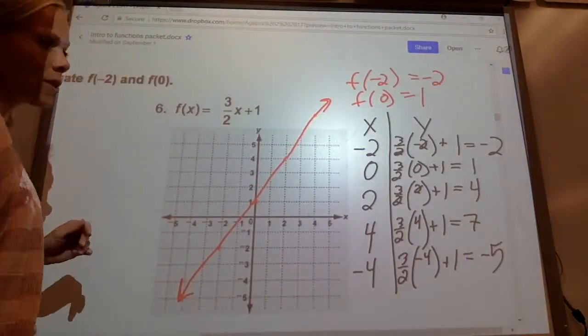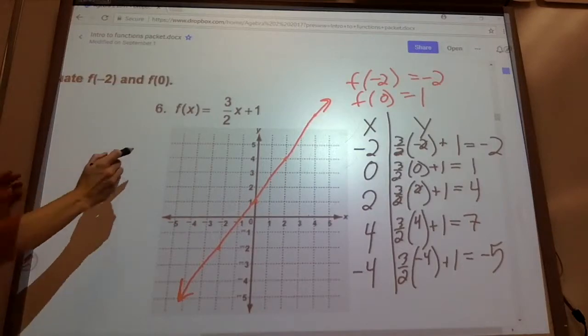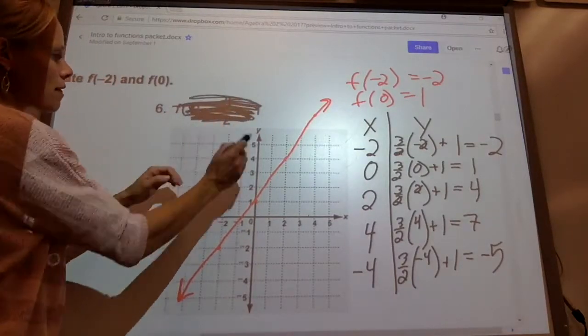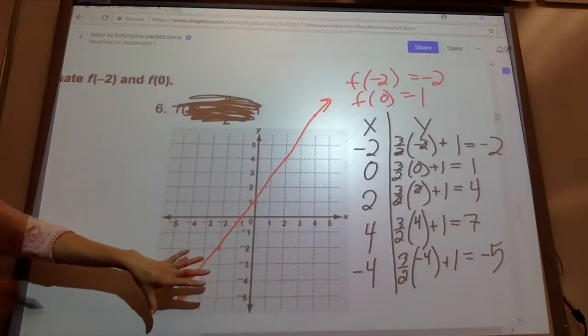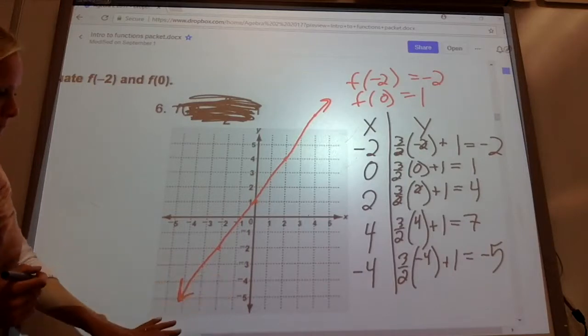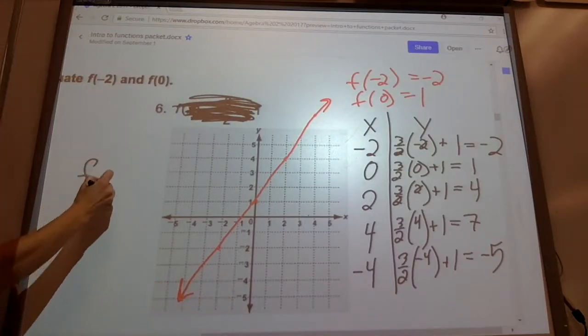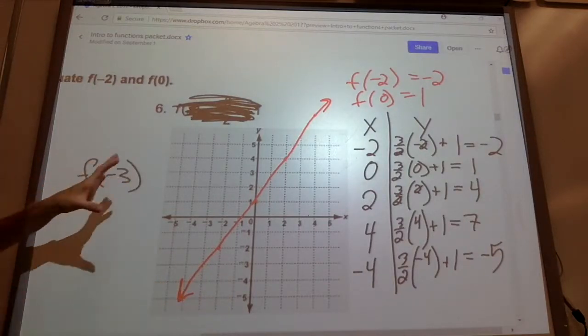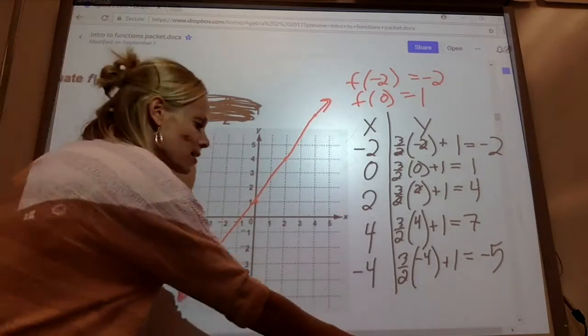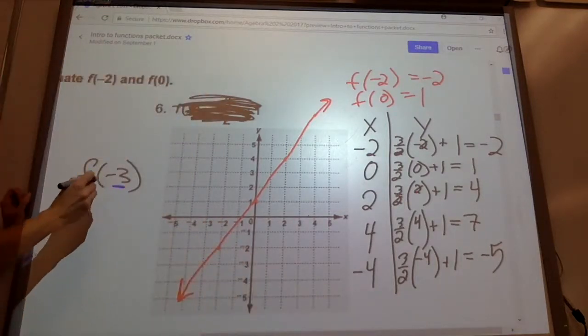Something else you can do with this, real quickly. What if I just had this picture, and I said find f of negative 3? How do you use the graph to find f of negative 3? Yeah, x. This is saying that x is negative 3, right?